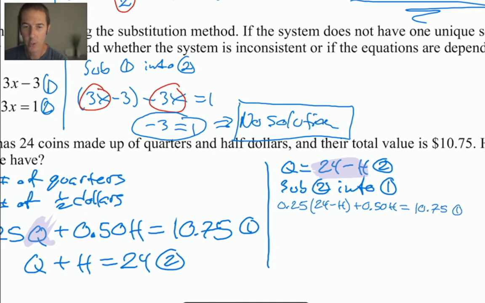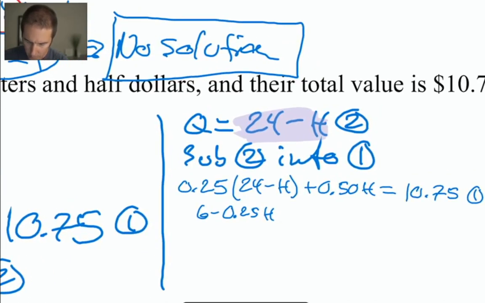Now we've got one equation with one variable. The variable is H, so we need to distribute, combine like terms, and solve for H. A quarter of 24 is equal to 6. So we've got 6 minus 0.25H plus 0.50H equals 10.75.